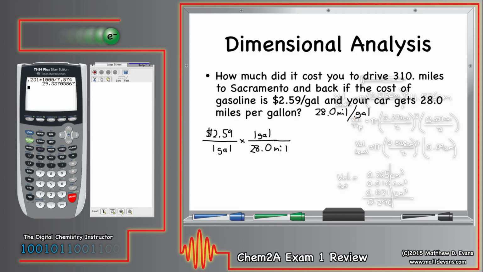So I'm free to flip this value upside down. I have to because I want the gallons to cancel with gallons. So I've solved the gallon problem, but I created a new one with the miles. But I did see that I drove 310 miles. I think that's the last thing that I do, 310 with a decimal point, miles. By putting the decimal point, that indicates that it's 3 sig figs. And now I just simply put this onto the calculator. I think we're ready to go.